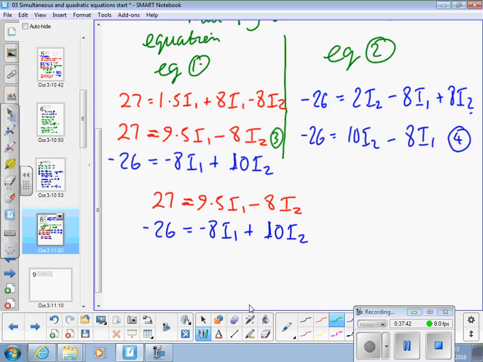If I multiply the top one by 10 and the bottom one by 8, I'll get the numbers the same. If I multiply the top one by minus 10, I'll change the sign of that 8, so they'll both be positive 80. So I'm going to multiply that one by minus 10 and that one by 8. Yeah?